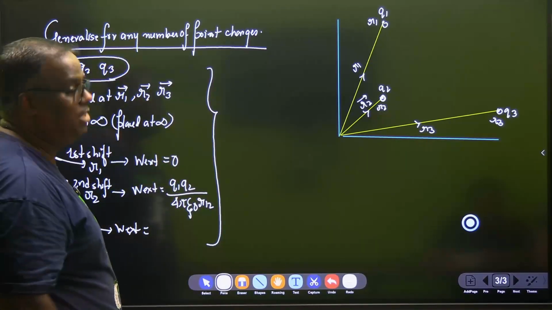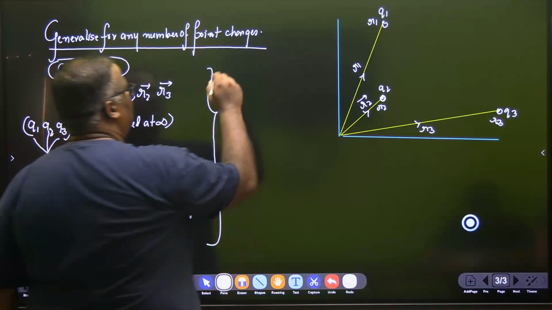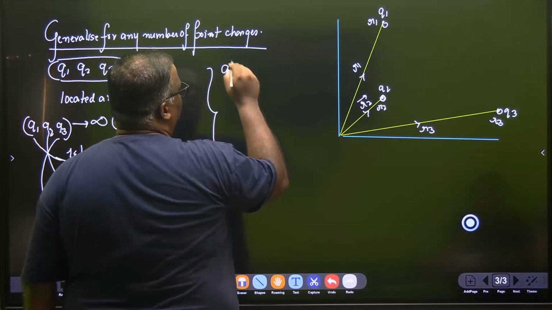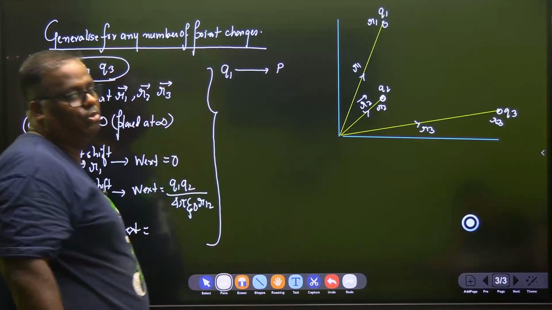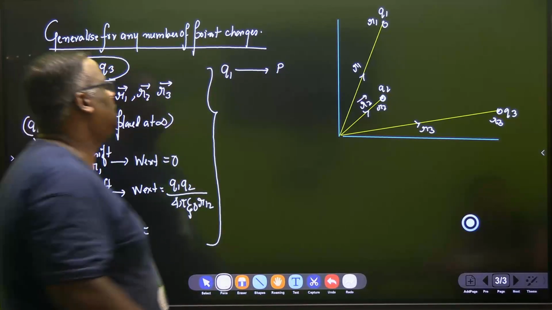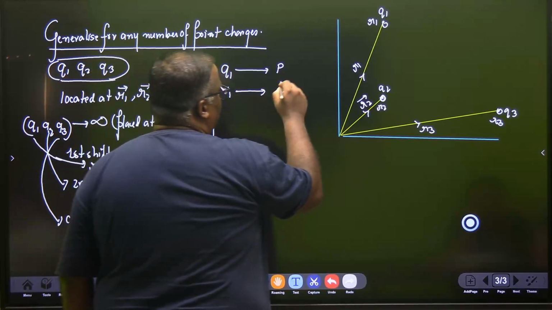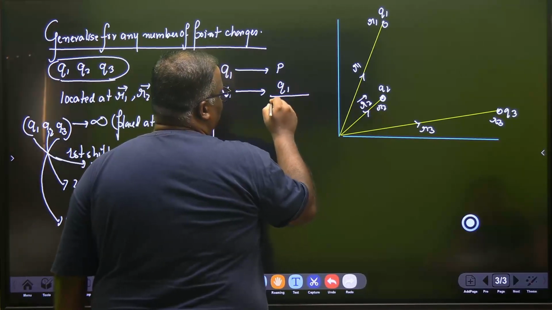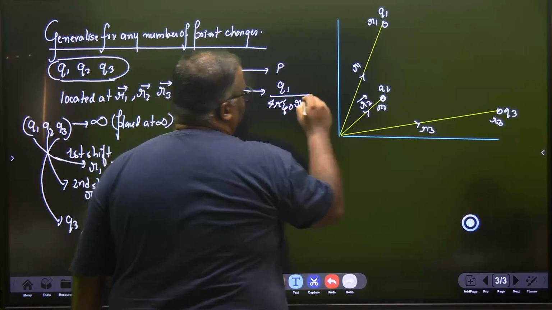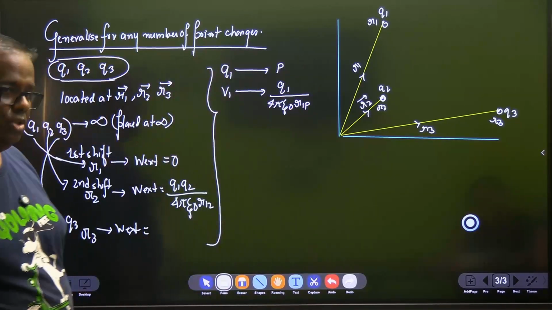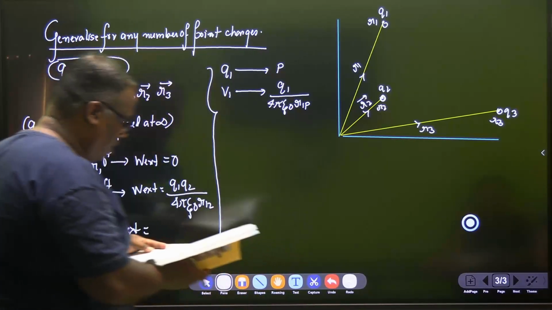So we'll do it a little bit generalizing. So generalizing, we say if Q1 would have come to a point P, then it creates a voltage V1, which is given by Q1 by 4 pi epsilon naught R1P. Do you agree?